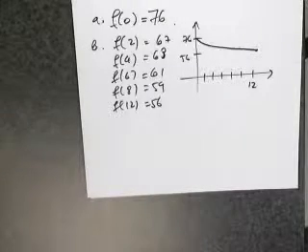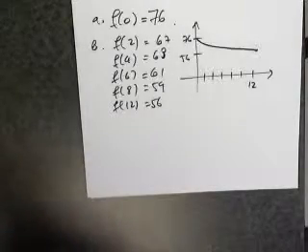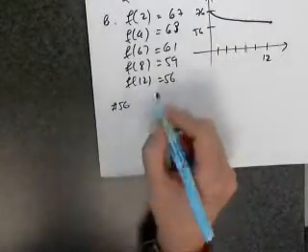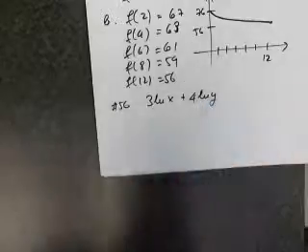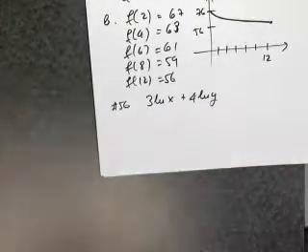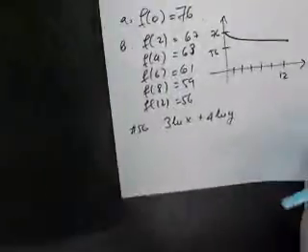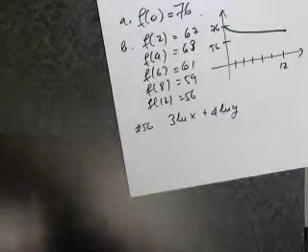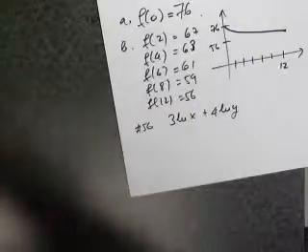So let's choose a problem. Let's say 56. In 56, we have 3 natural log x plus 4 natural log y. We're asked to condense this into one log. What will we do first? Exactly. I have to address the number in front first.